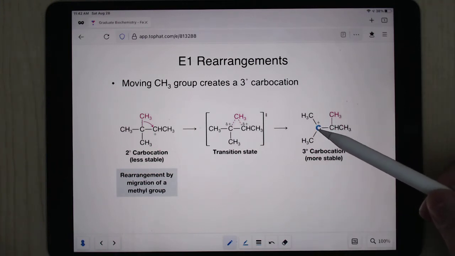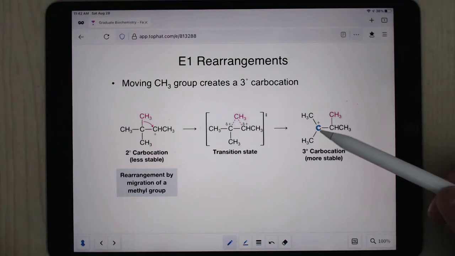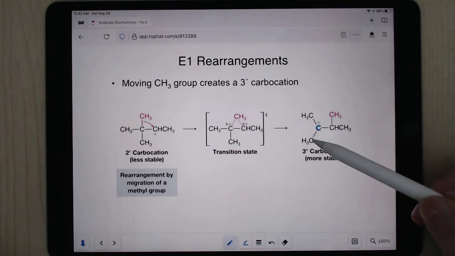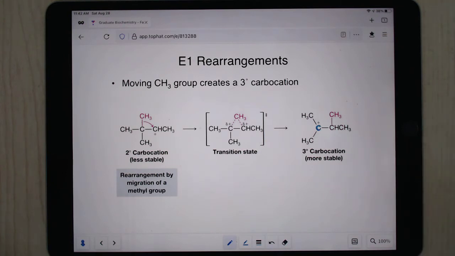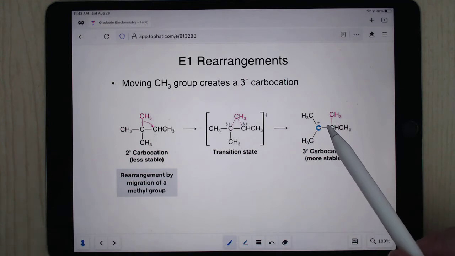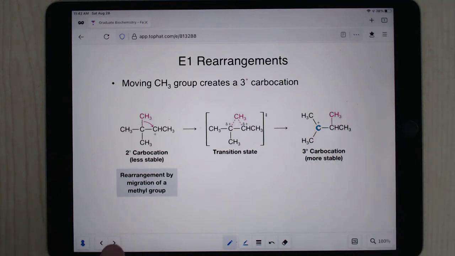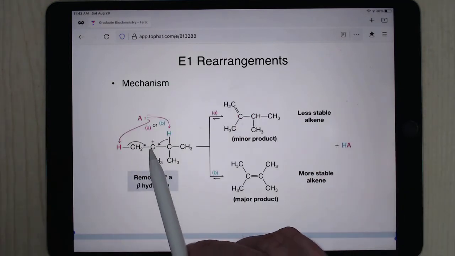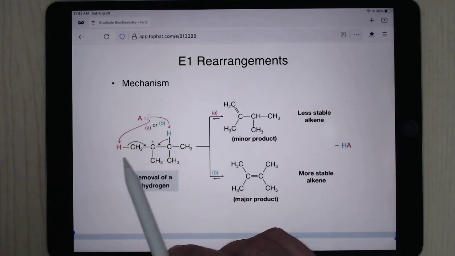The carbon bearing that positive charge is a tertiary carbon, right? Here, here, and here. And that's much, much more stable because of hyperconjugation, which means that the neighboring carbons can help out a little bit with their electrons. So you're buying a little bit of stability, and then the base can come in on either side.